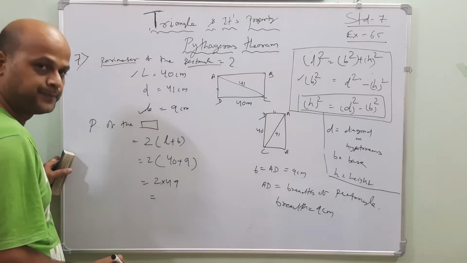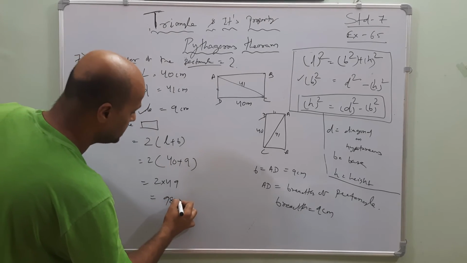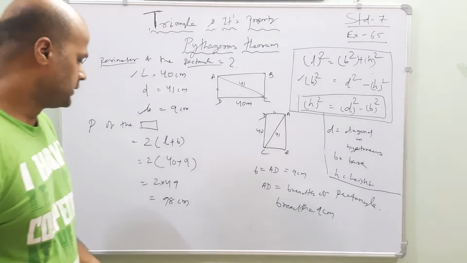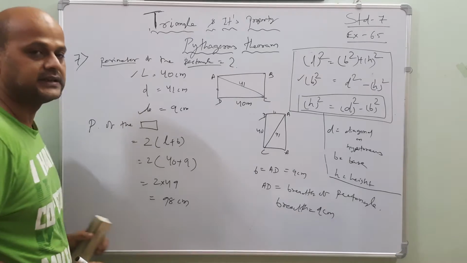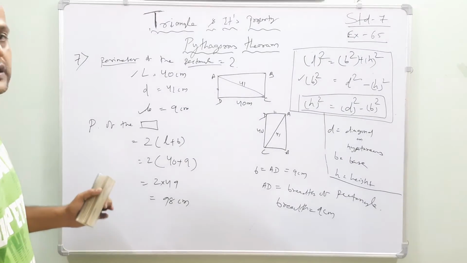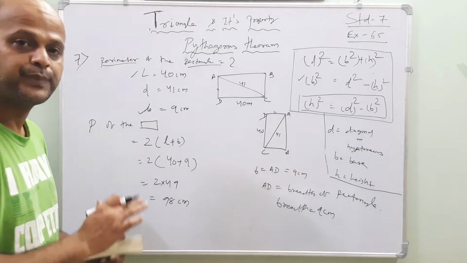How much will it be? 98 centimeter. Understood? Now perimeter of the rectangle is how much? 98 centimeter. Understood?